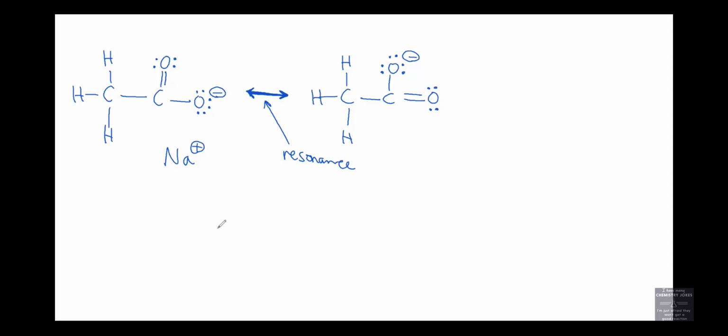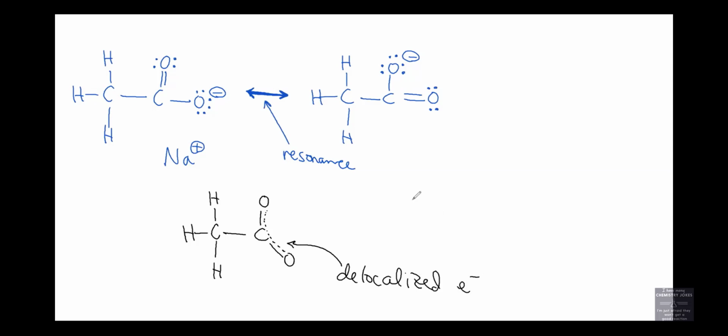So what does the actual rhinoceros of this thing look like? The actual combination molecule we would call the resonance hybrid. And we often draw it like this, with little dotted bonds to show delocalized electrons.